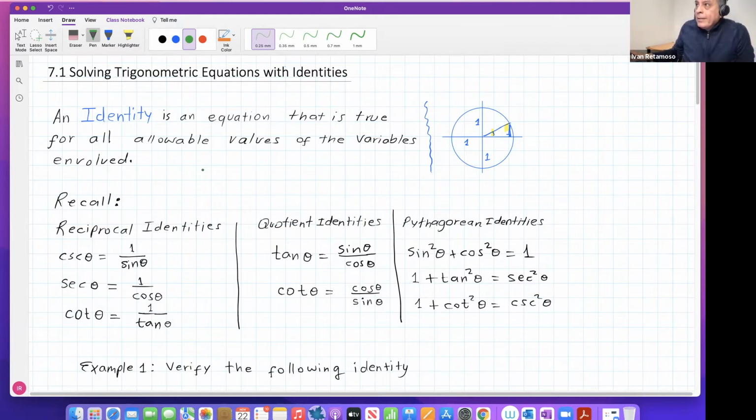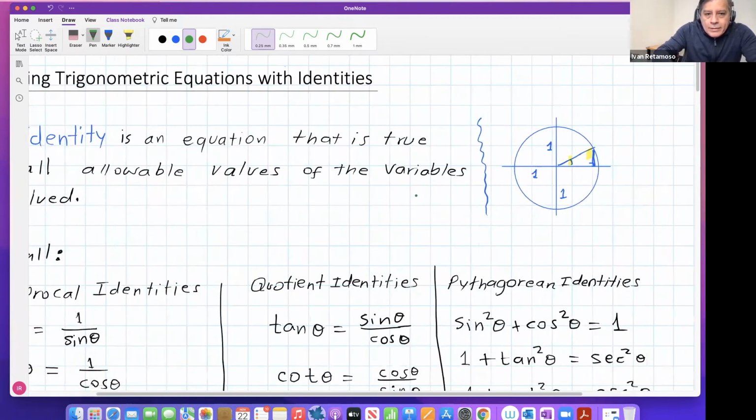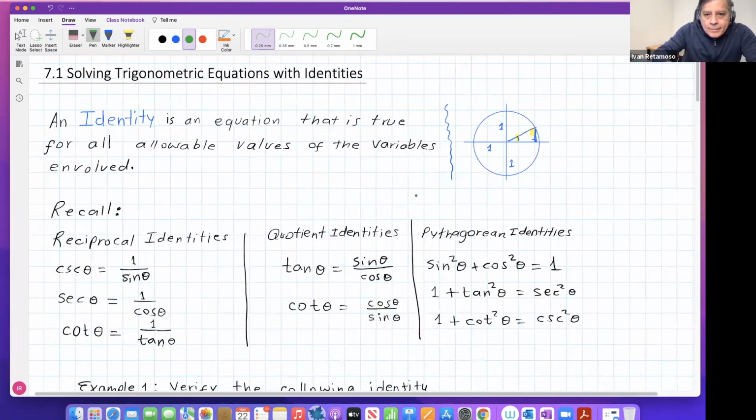What does that mean? Well, for example, think of the following. Suppose you have the unit circle, right? Think of this one here, the radius, right?